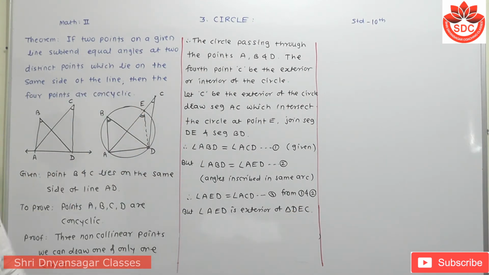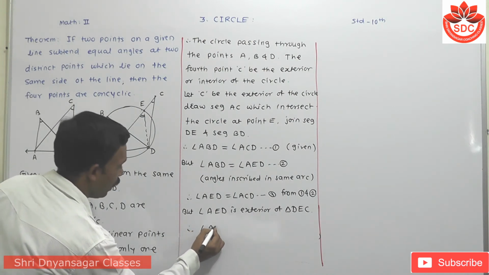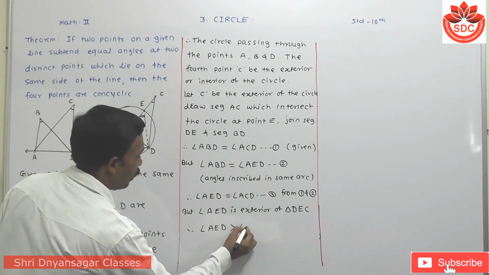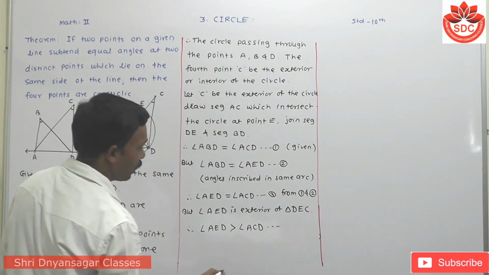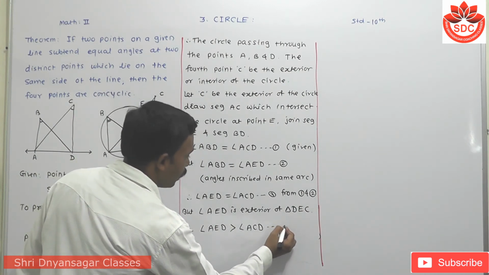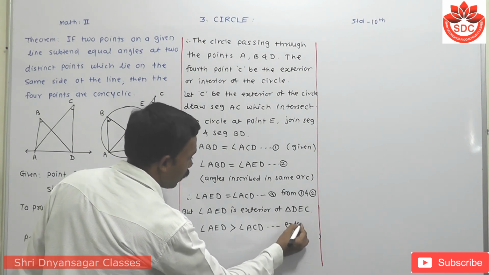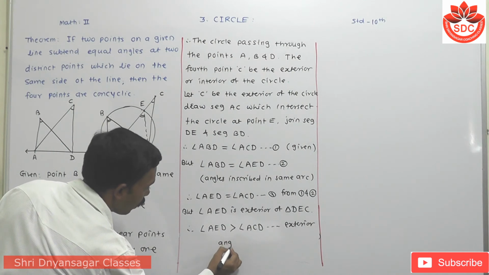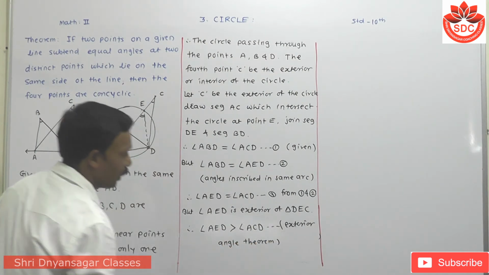So that by using exterior angle theorem, this angle means that angle AED is greater than angle ACD. Because why? By using exterior angle theorem, which is studied in 9th standard.